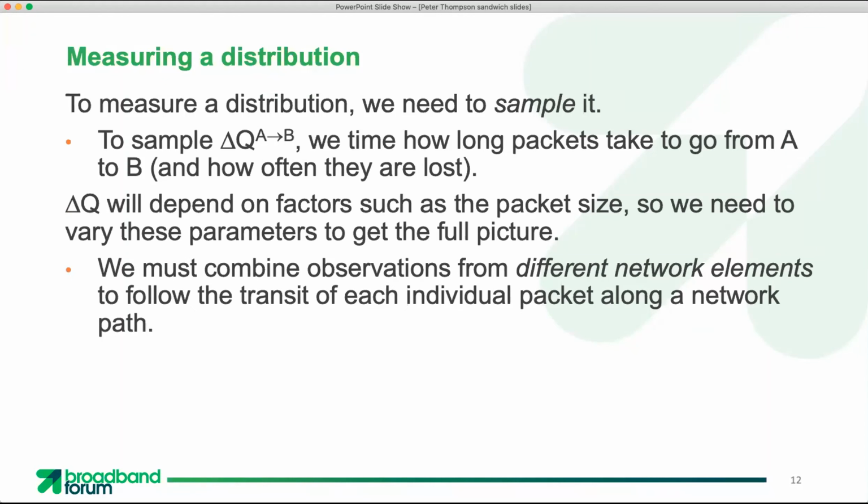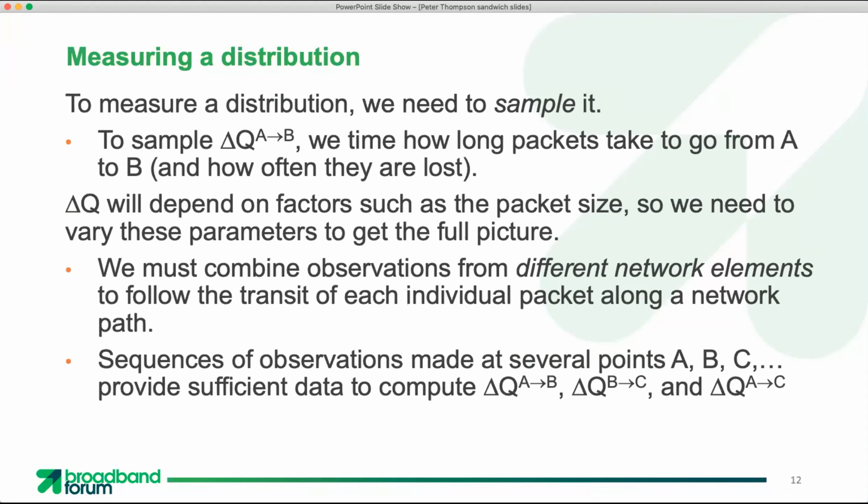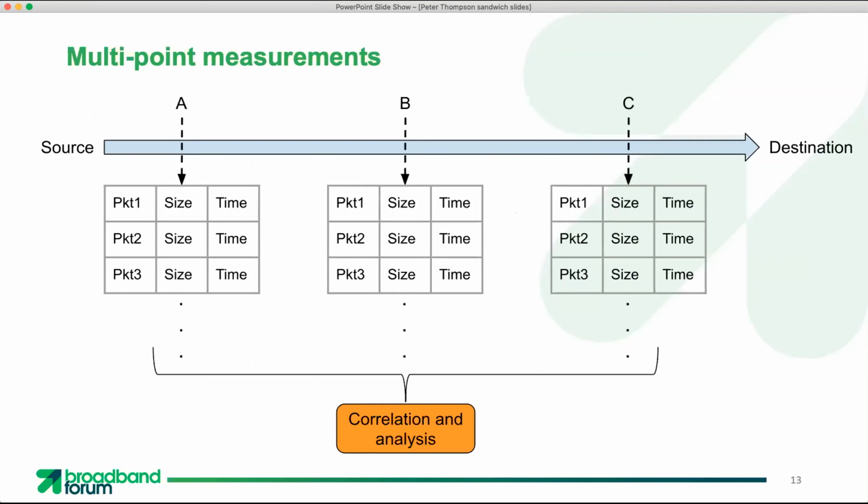And because it's a distributed measure, we have to combine observations made at different network elements so that we can follow the transit of a packet along the network path. And if we make sequences of observations at various points, we can then compute the delta Q of the individual path segments. So this is kind of how it works. At the top, we've got the path the packets are taking. A, B, and C are places at which we make observations.